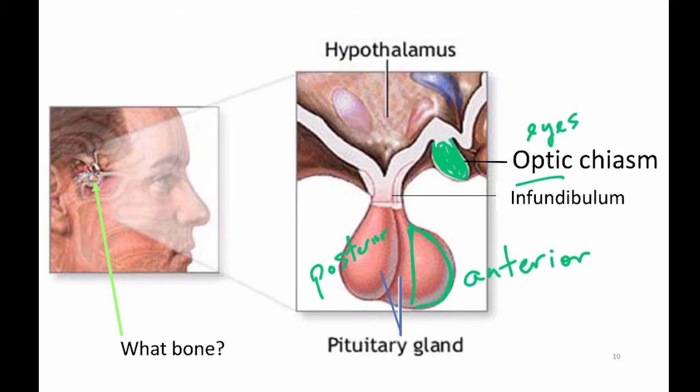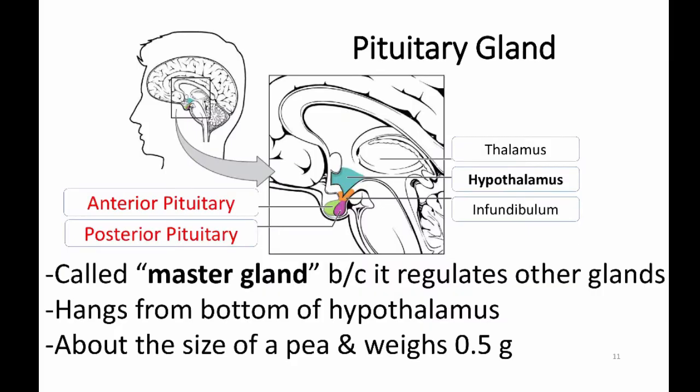This question all the way over on the left, what bone is this? That, my friends, would be the sphenoid. And the sphenoid has that lovely little pocket that allows for protection of the pituitary gland. The pituitary is called the master gland because it regulates a lot of other glands.